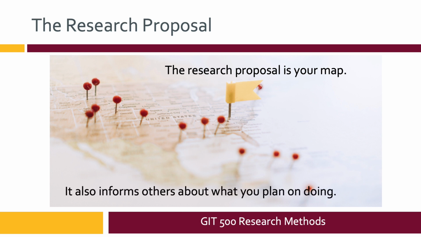It also helps others know what you plan on doing and what you are doing as you do it. It's a little bit like a contract, although think of it as your map, and if you're traveling somewhere, sometimes you veer off the road a little bit. As long as you always come back to that road you planned on, you'll be okay.